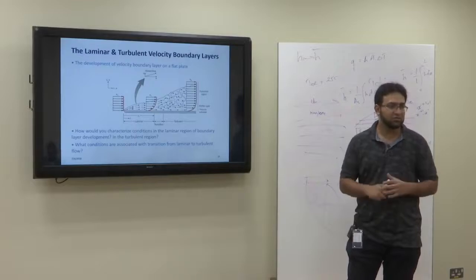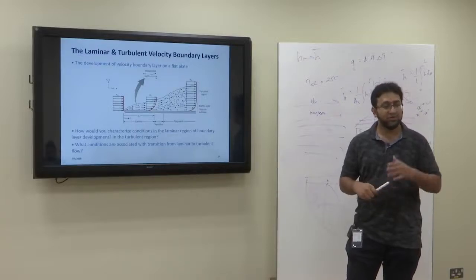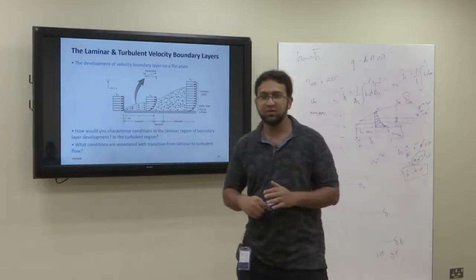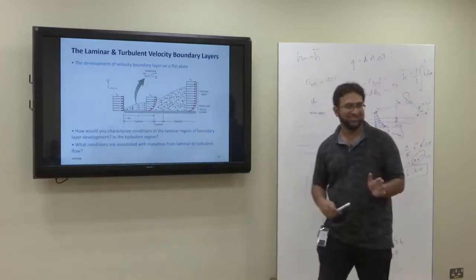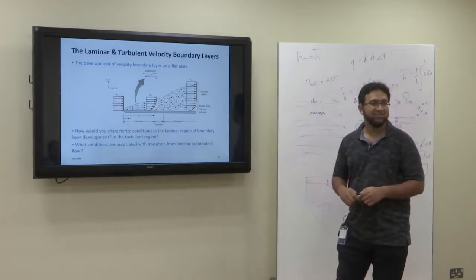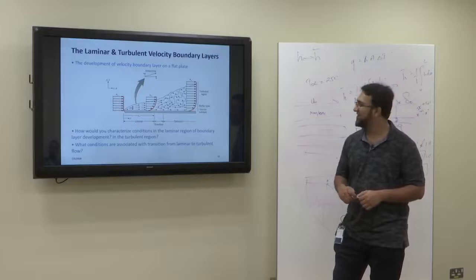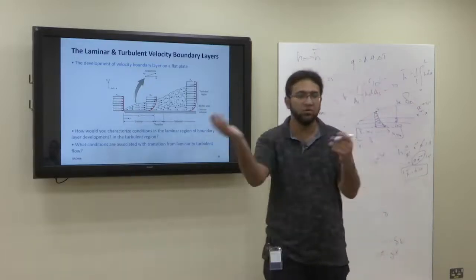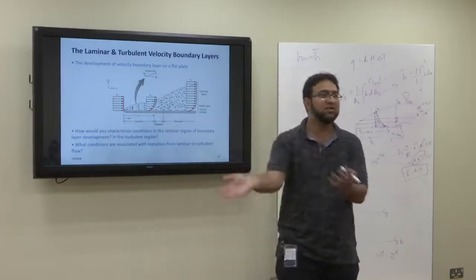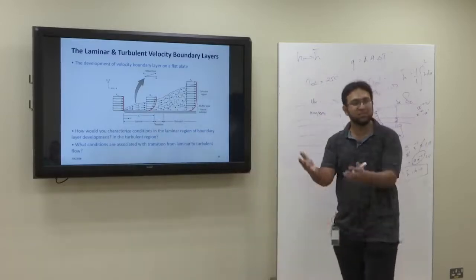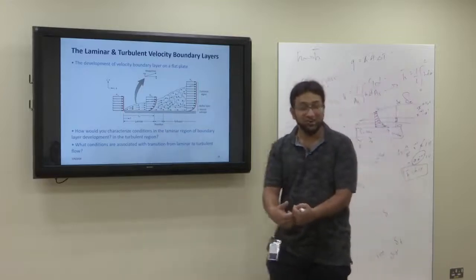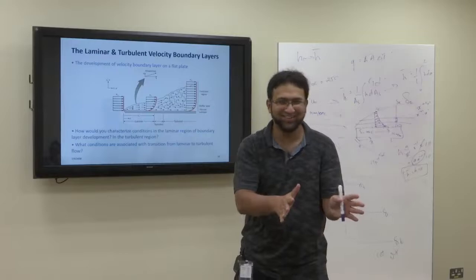You will study them, so we need to study laminar and turbulent both, obviously. But we like turbulent. But there are many cases where we cannot ignore laminar, and we cannot make it turbulent in those cases. Laminar is easy to solve. Turbulent is comparatively difficult to solve. So that's why students like laminar more.